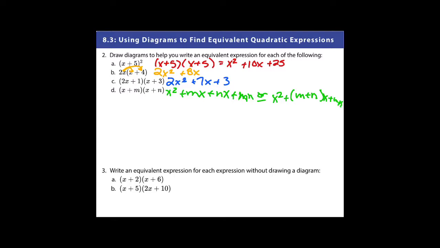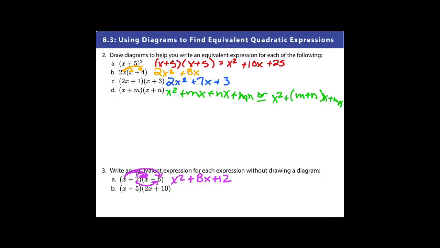And then number 3, write an equivalent expression for each expression without drawing a diagram. And so for a, we would get x squared, taking x times x, then plus 8x, because you'll take your x times 6, and then your 2 times your x, and then you'll add those together, and then plus 12 by taking your 2 times your 6.